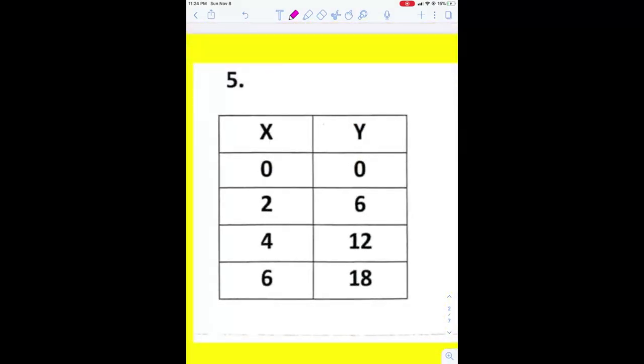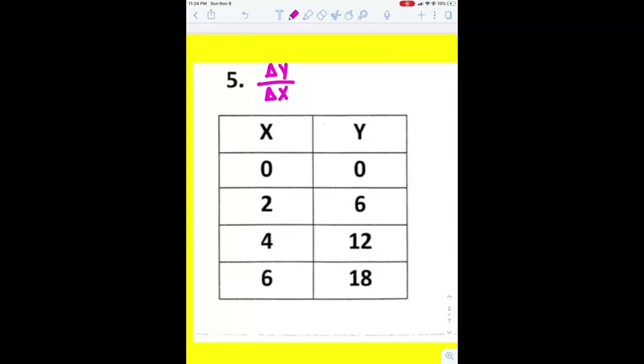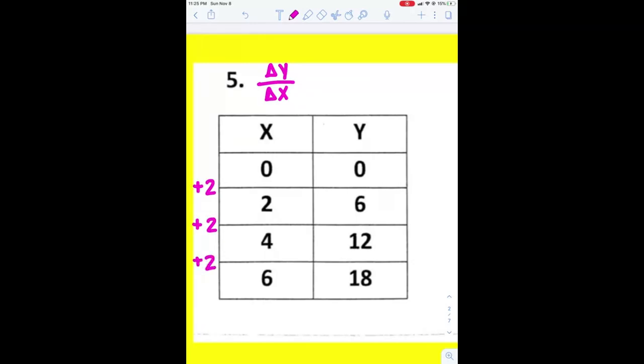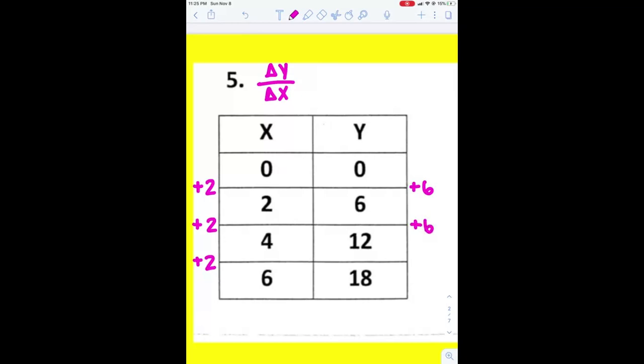Down here, this time is a little different. I'm still going to do my change in y over my change in x. And each time, my x is changing by 2 every single time. And each time my y is going up by 6.